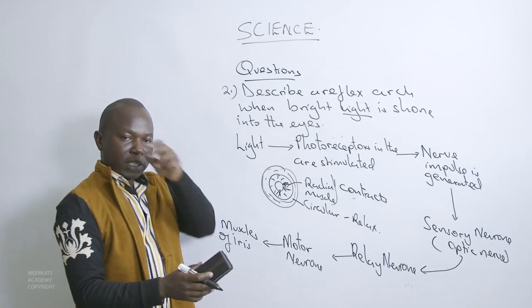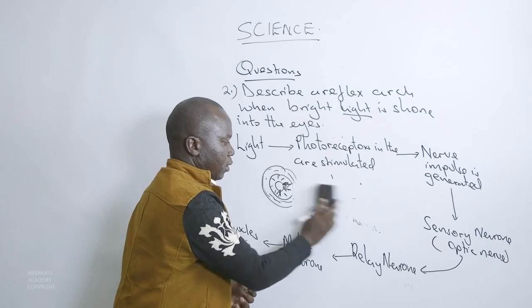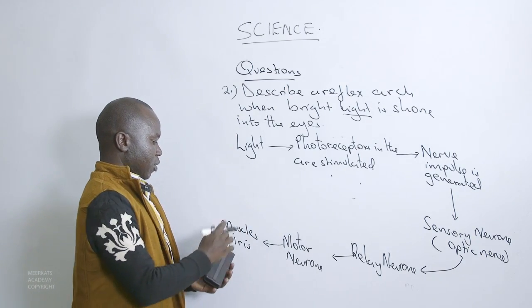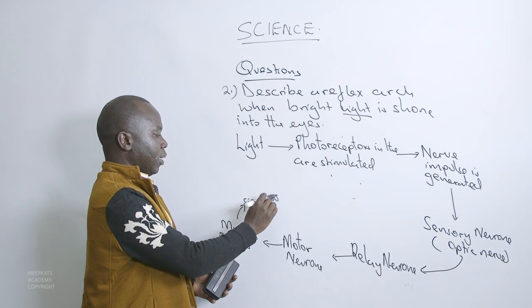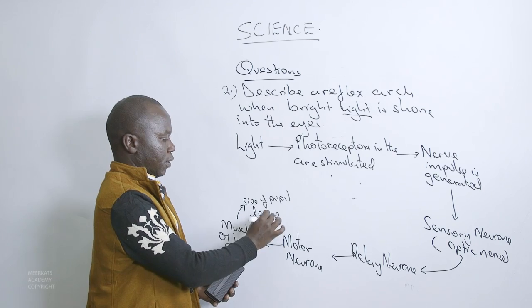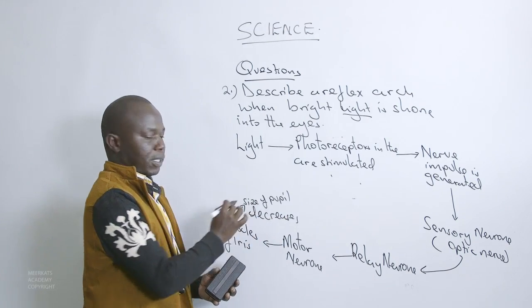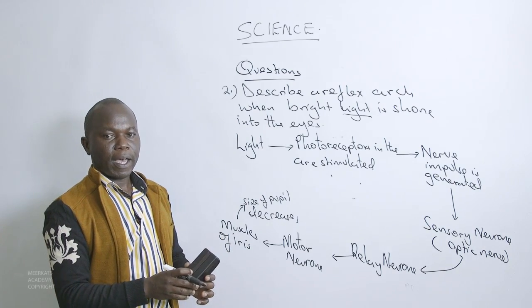When they contract, the size of the pupil decreases. So the effect is the size of the pupil decreases. When it decreases, it's going to allow less light into the eye.